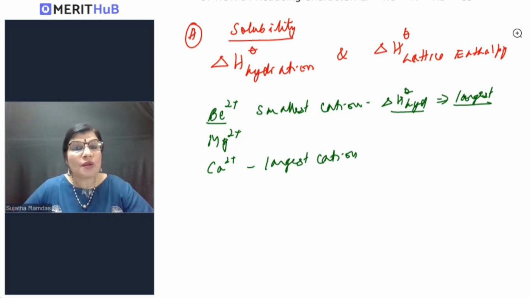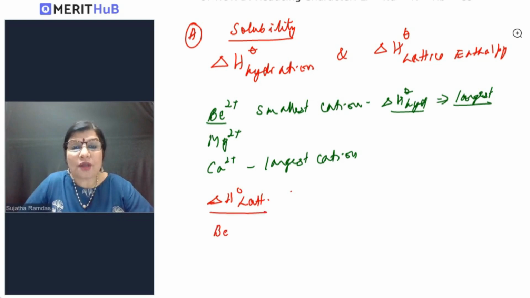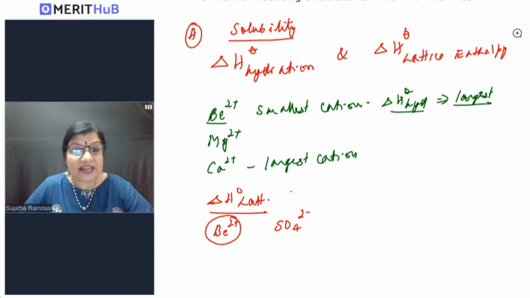What about lattice enthalpy? Beryllium ion being the smallest cation, while the sulfate anion is common for all 3 sulfates, beryllium ion being very small can polarize the anion.